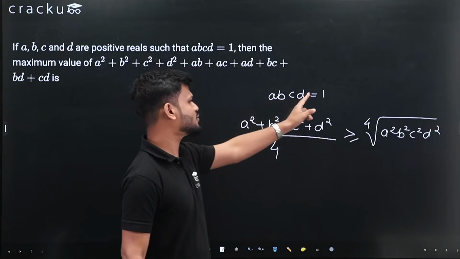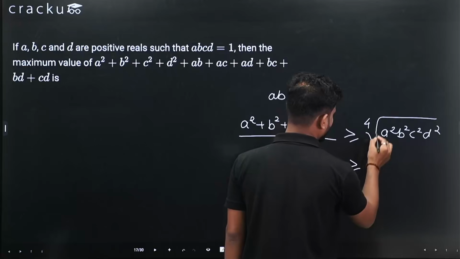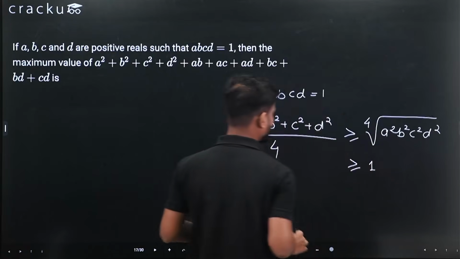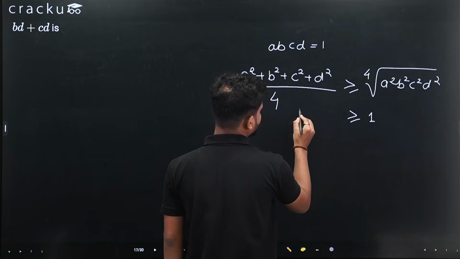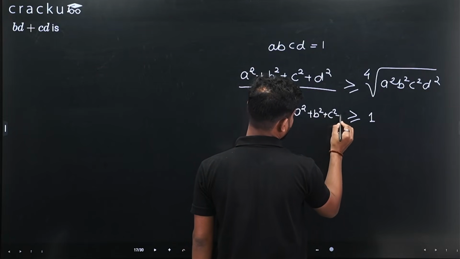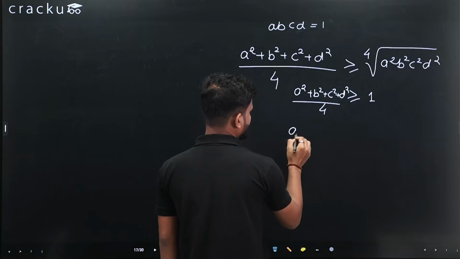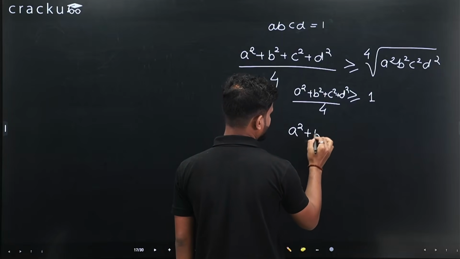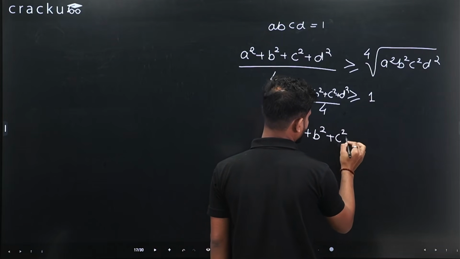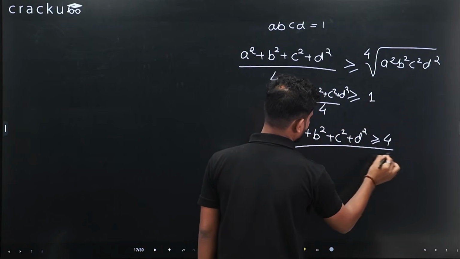If a into b into c into d is 1, then this inside will also be 1, and the 4th root of 1 is nothing but 1. So from here I can say a square plus b square plus c square plus d square divided by 4 is greater than equal to 1. So a square plus b square plus c square plus d square is greater than equal to 4.